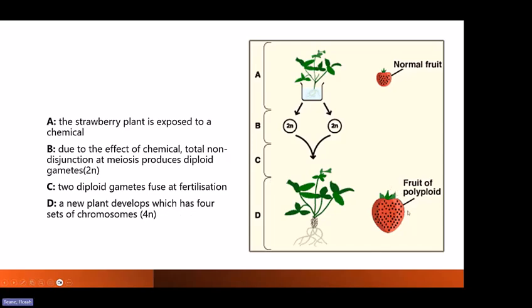Look how big this strawberry is. It was not produced by natural means. The farmers or agriculturalists applied a chemical to increase production.